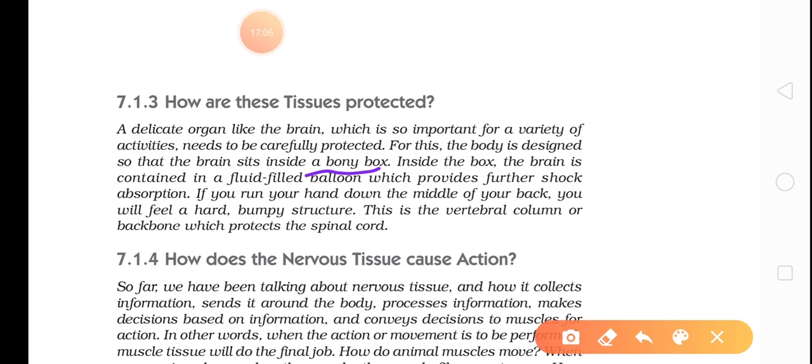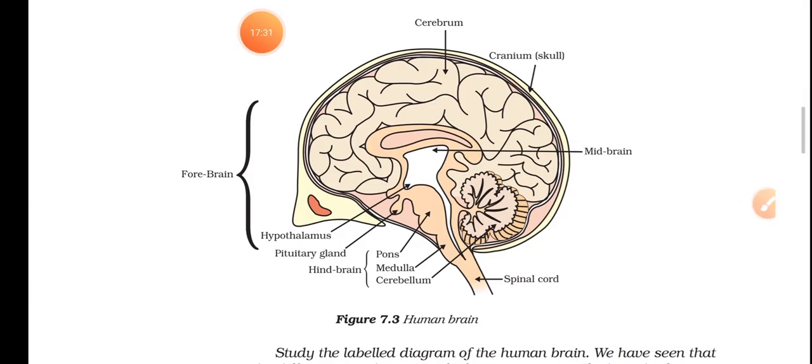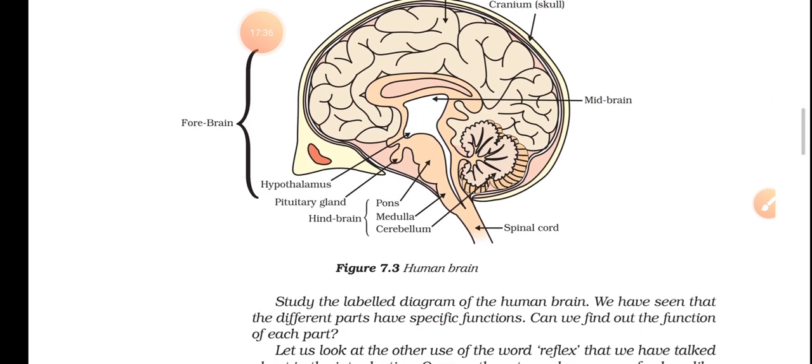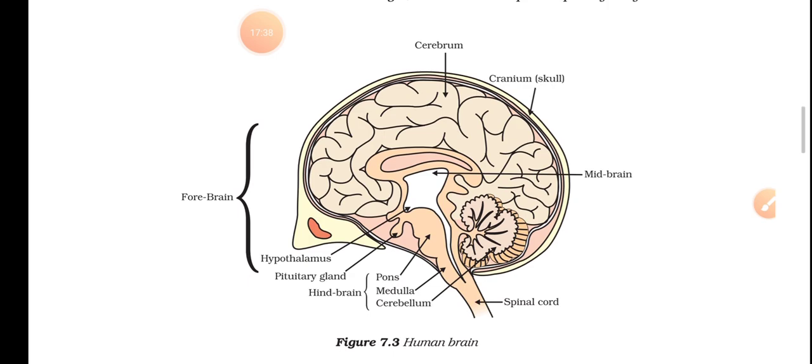Understood? And second, what they are talking about is that the brain is contained in a fluid filled balloon. I have explained that we have a fluid known as cerebrospinal fluid, and this fluid protects our brain. Yes, so write these two things in your textbook whenever you get the textbook, or when you are making notes.